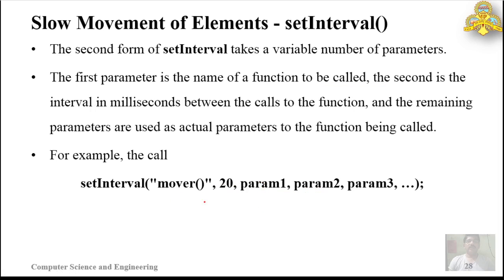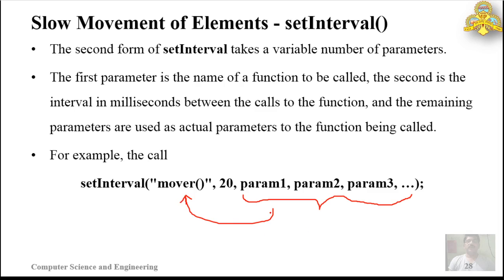In the second format, along with the first parameter and the second parameter, additional parameters are given, and it is a variable number of parameters. It need not be only one or two. It can be many. So additional parameters can be passed to the mover function specified here.